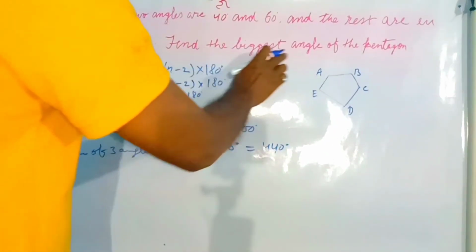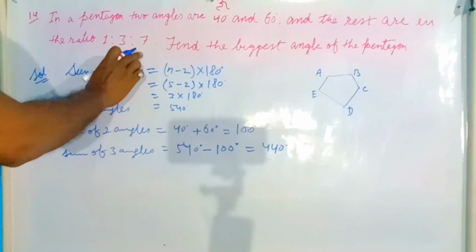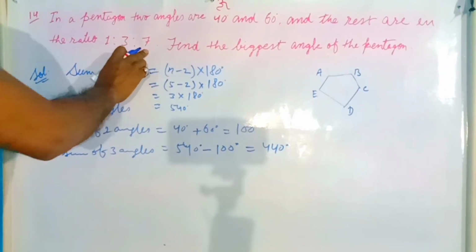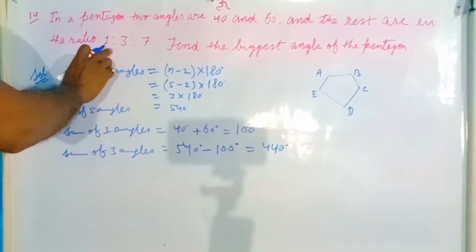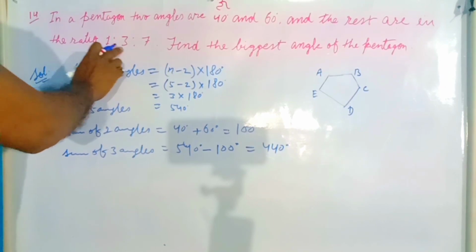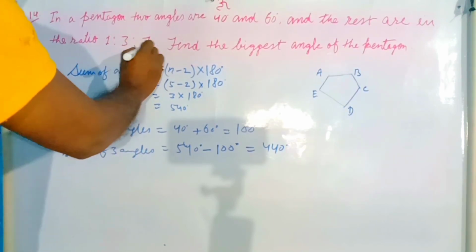Now we have to find the biggest angle of the pentagon. The biggest angle is, we can see, 7. The ratio of the angles is 1:3:7, and 7 is the biggest.